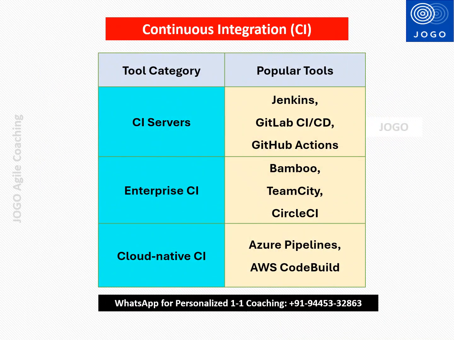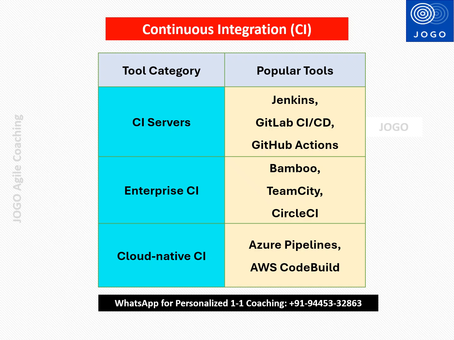The next phase in DevOps is the continuous integration phase. Here we will be using tools like CI servers, enterprise continuous integration, and cloud native continuous integration. So these are the categories we will be using. The tools used for CI are Jenkins, GitLab CI/CD, GitHub Actions, Bamboo, TeamCity, CircleCI, Azure Pipelines, and Google Cloud Build.